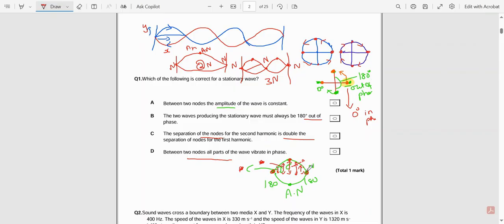If there is in phase, we will get some maximum displacement according to the superposition of that wave. So superposition will be there between 0 to 180. At 0, there will be a maximum amplitude, and at 180, there will be minimum amplitude. So between the two, there will be some displacement. That is called in phase difference. So D is the right answer.